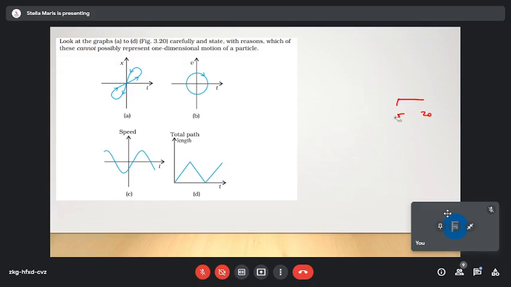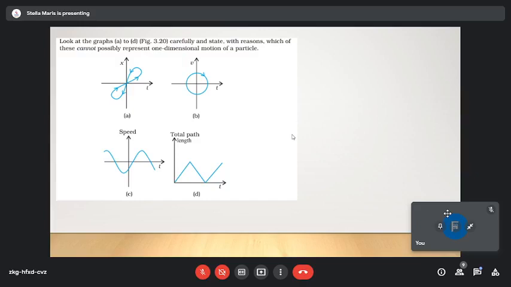Okay. What about B? Is it one dimension or not? One dimensional, sir. Who's that? Jai Shri, sir. Okay, good. What about others? Not a straight line motion, sir. Okay, not one dimension.